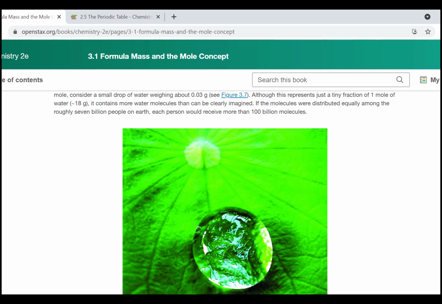I'm going to share a few other examples to help you appreciate this. One of the labs that we do in one of our other chemistry courses is counting grains of sand, and from counting the grains of sand, figuring out how big is the mole. So if you had a mole of sand, how much would that be? What students typically find is they're not counting to a mole. Nobody would ever be able to do that.